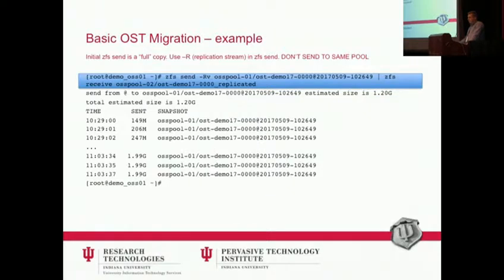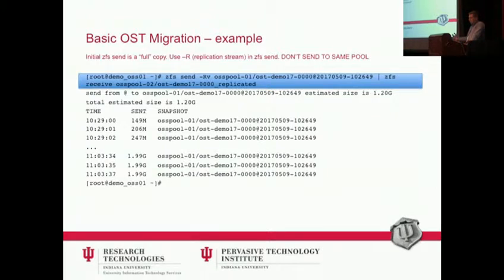We typically use the same OST name with an underscore replicated, but again, you could rename the VDEV at that point if you wanted to. And then the verbose output will give you 1-second intervals to let you know data is being actively transported, and when it quits those outputs, the replication is complete.